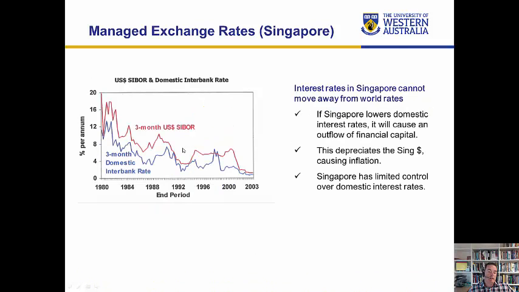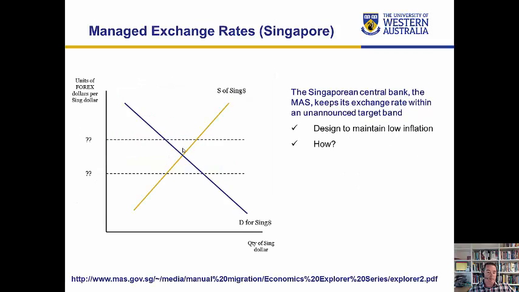So rather than being free to move interest rates in Singapore up and down to control inflation, interest rates in Singapore have to be moved up and down to keep the exchange rate within this upper and lower bound over time. So by having a highly managed exchange rate system like this, it really does hamper your ability to use interest rates to target inflation in the way that it is done in Australia.